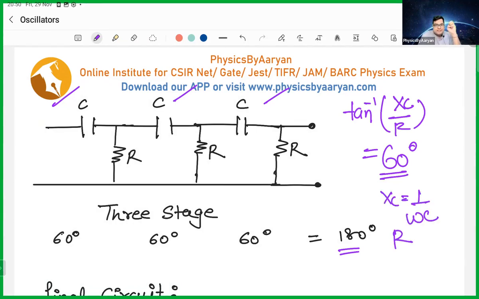So I have to choose my resistors, omega and capacitance in such a way that each is giving 60 degrees, so that combined they give 180 degrees. So my RC circuit giving 180 and the amplifier giving 180 cancel each other out. The overall phase difference is 0, and I will get a sustained output waveform.